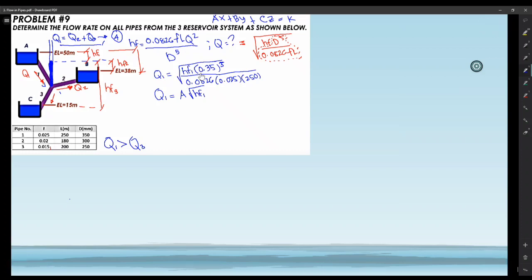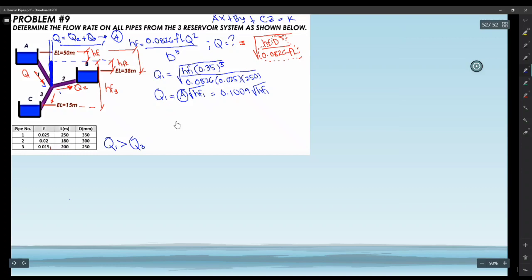So square root of 0.35 raised to 5 divided by 0.0826 divided by 0.025 divided by 250. So, ang palabas ko is 0.1009. Ayan, naka-square root na siya then square root of HF1. Okay, so ito, tinago ko nga sa A.